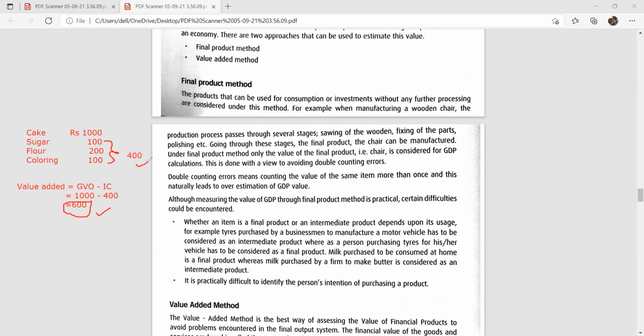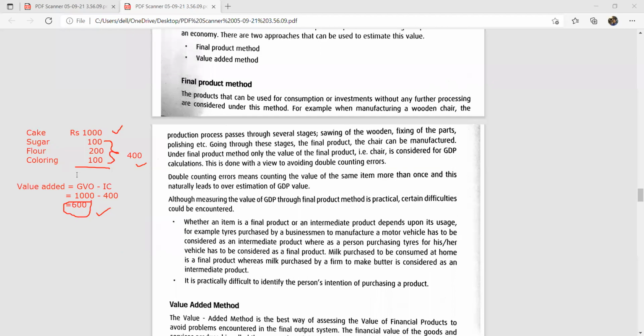How do you take that? Gross value output minus IC. These are the two methods of recognizing a country's final product. Just imagine if everything is taken, value of cake and sugar, flour, coloring. If the color company, sugar company, flour company total output is calculated together with cake, the total becomes overstated.